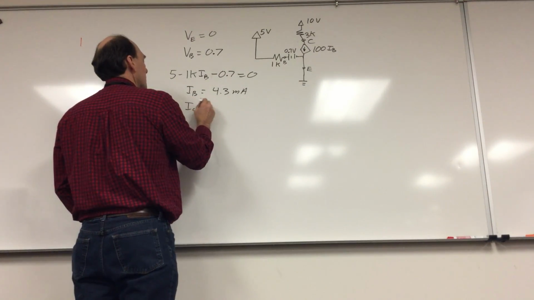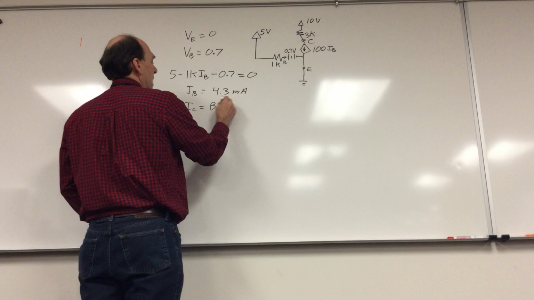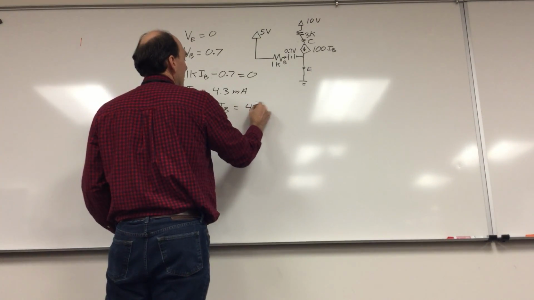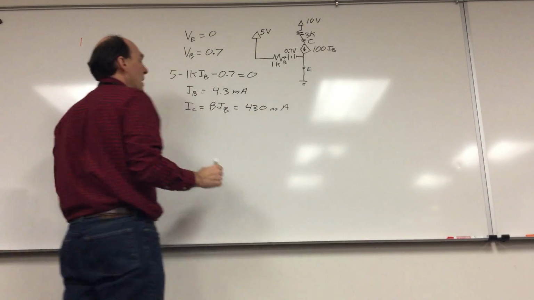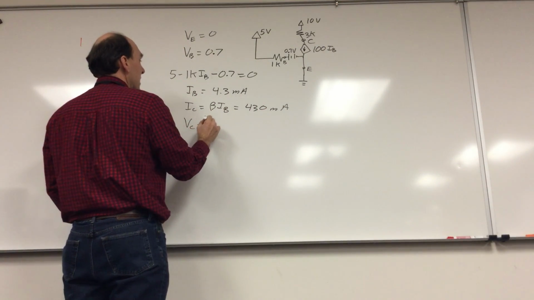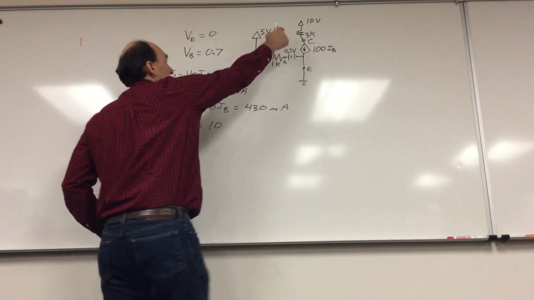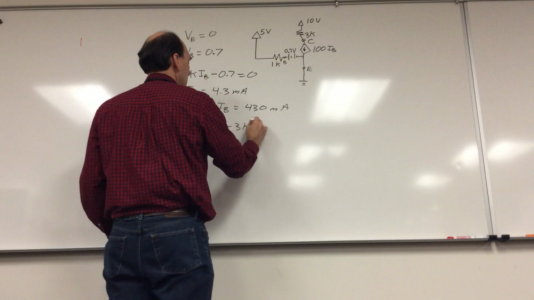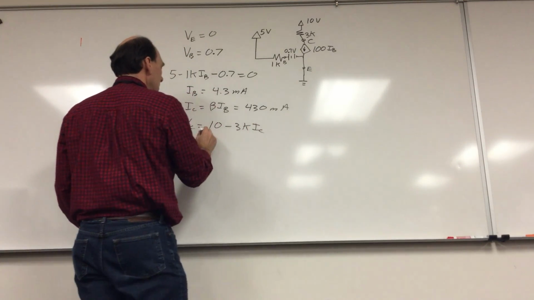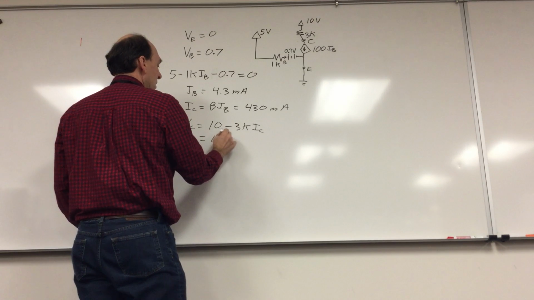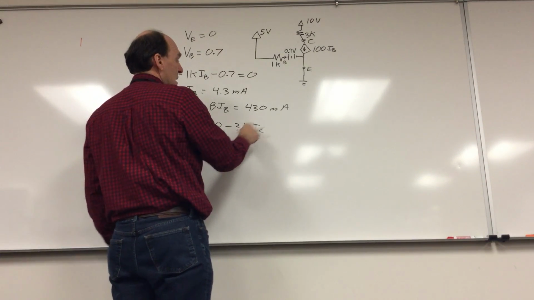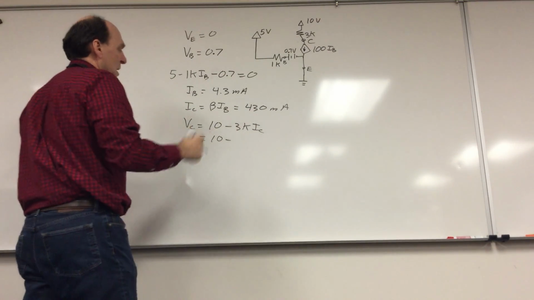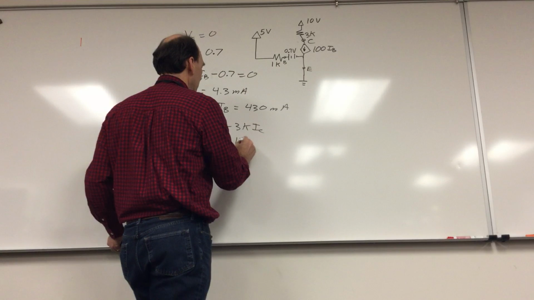IC is beta IB, so that gives me 430 milliamps. Now I can find VC. VC is equal to 10 minus the 3K IC. The K and the milli cancel, so it's 3 times 430, that's about 1200, so 10 minus 1200.